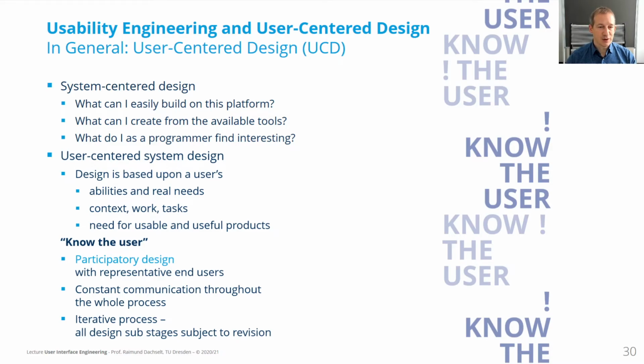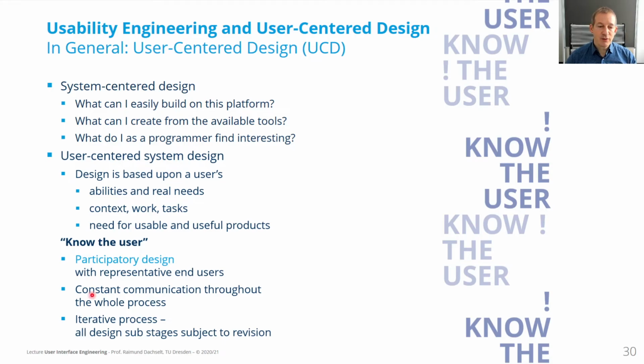So user, task and context have to be known, and that's best done in a way incorporating the potential users and stakeholders. And that's what we call participatory design, with representative end users. So this is one way to achieve user-centered design.